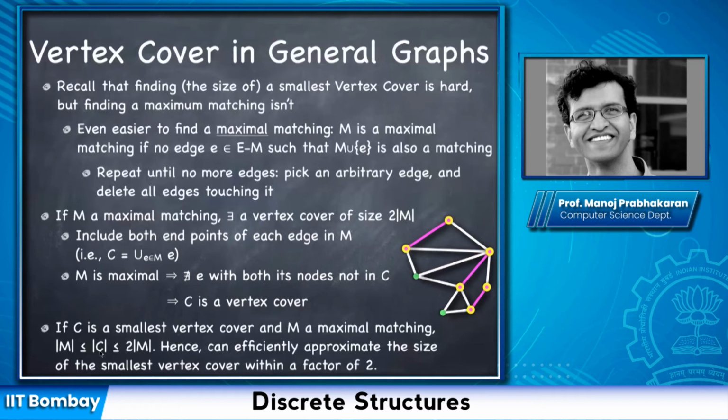In fact, because the smallest vertex cover is no bigger than the vertex cover you found here. Right? So the smallest vertex cover is less than or equal to twice the maximal matching.